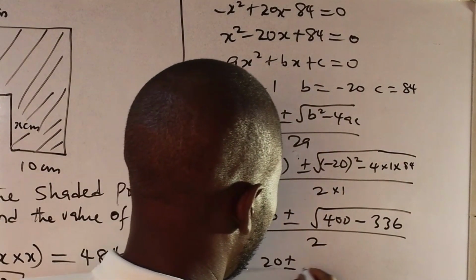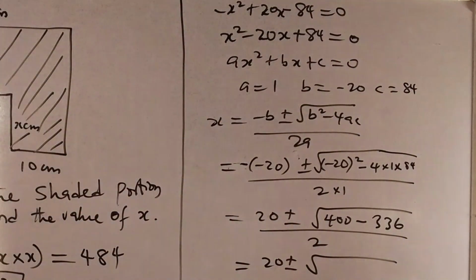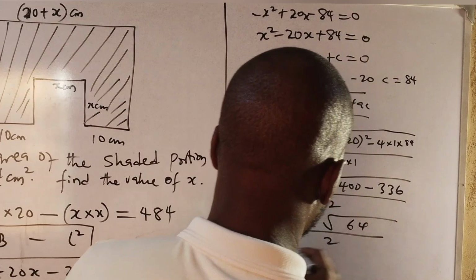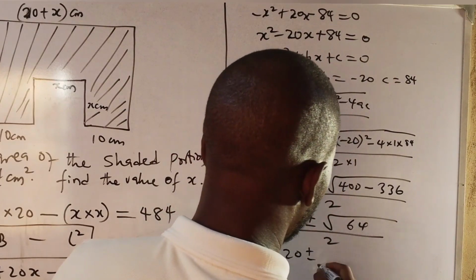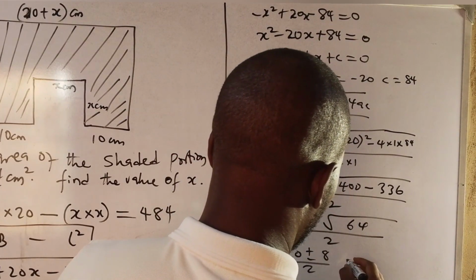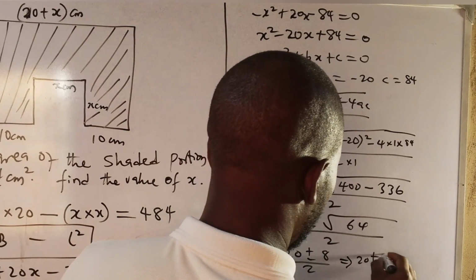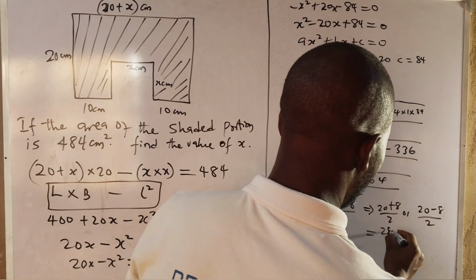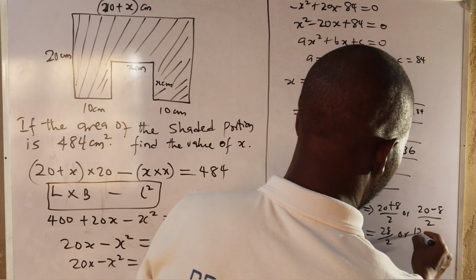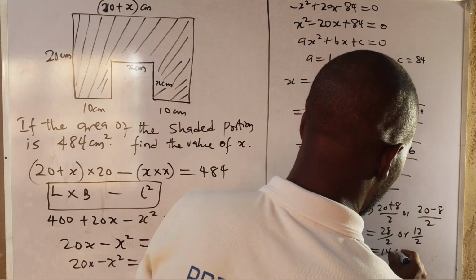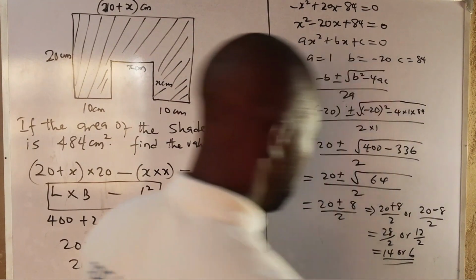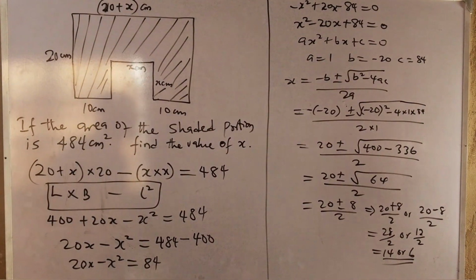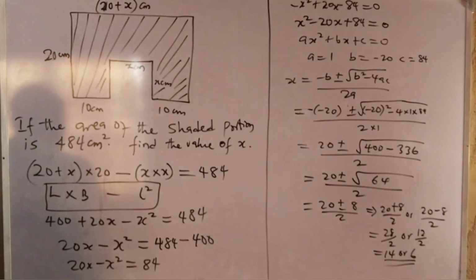That gives us 20 plus or minus square root of 64, which is 8, over 2. That is 20 plus 8 over 2 or 20 minus 8 over 2, which is 28 over 2 or 12 over 2, which is 14 or 6. So the value of x is 14 or x is equal to 6 using the formula method.